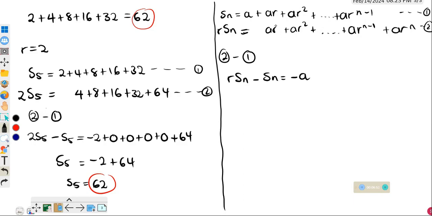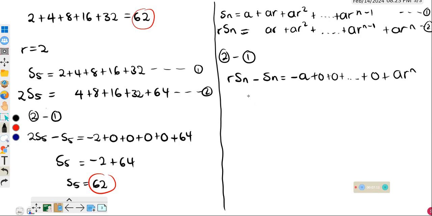And then we have AR minus AR, which is 0, AR squared minus AR squared, it's another 0, plus it continues all the way. This minus that will give us another 0, plus this minus nothing will give us AR to the exponent n.